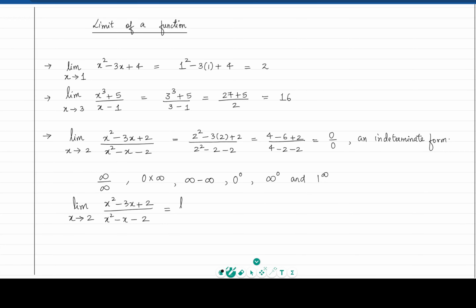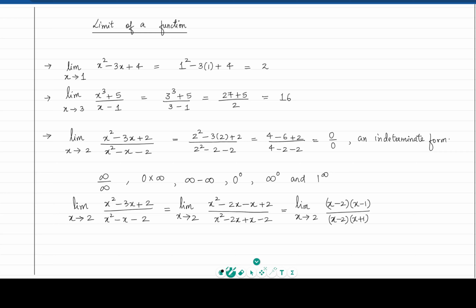I'm going to use the middle term splitting method, or the factorization method, and I'll get the numerator as x square minus 2x minus x plus 2 divided by x square minus 2x plus x minus 2. And after factorization, I'll get the limit as x tending to 2 of x minus 2 times x minus 1 divided by x minus 2 times x plus 1.